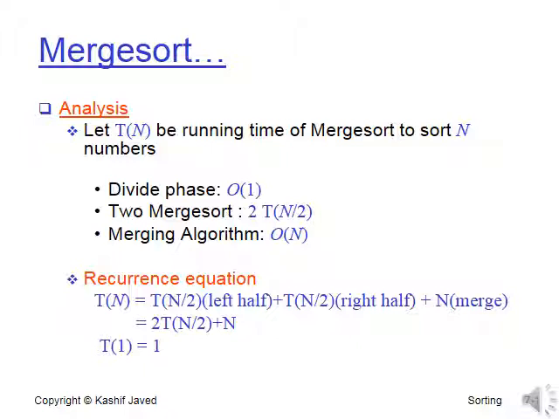Now T(1) equals 1, which is our base case, and it implies the cost of merging single element arrays. We will usually ignore the base case, assuming it's always a constant. You can have T(1) equal to c, where the constant c equals 1.